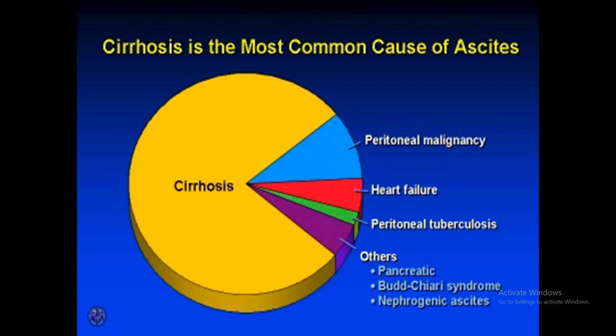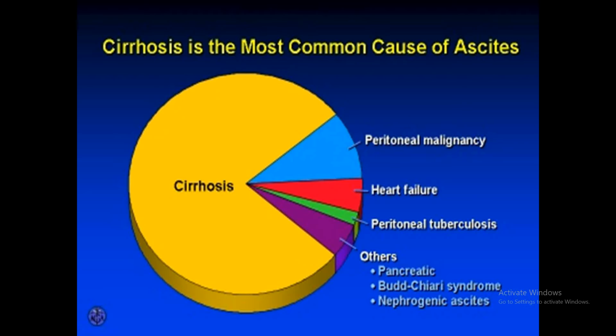The second important complication is ascites. Ascites occurs because of many causes. In more than 70% of cases, it is due to the decompensation of the liver functions.